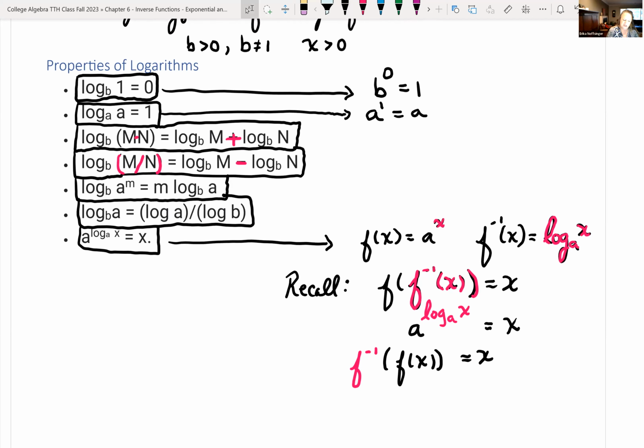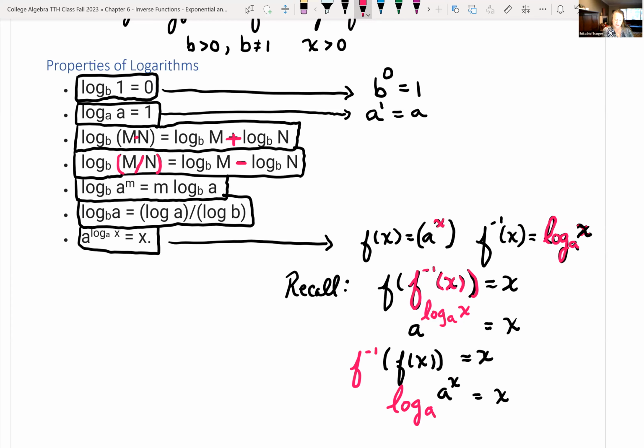And so wherever we see an x in f of x, let's drop in a raised to the x power. So doing so, we would have log base a of a raised to the x power. This also is equal to x.